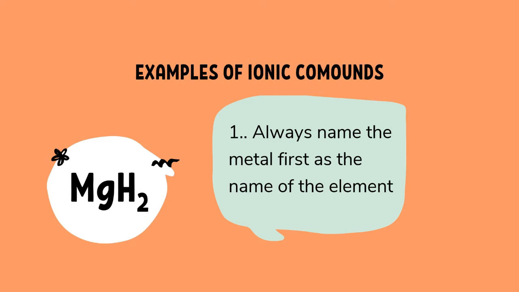Always remember that in an ionic compound, the first element on the left side is always metal, and the element on the right side is always non-metal. First, we need to name the first element, which is metal. Mg is magnesium if you check your periodic table. So just copy the name, magnesium. The second element, the symbol H, is hydrogen in your periodic table.